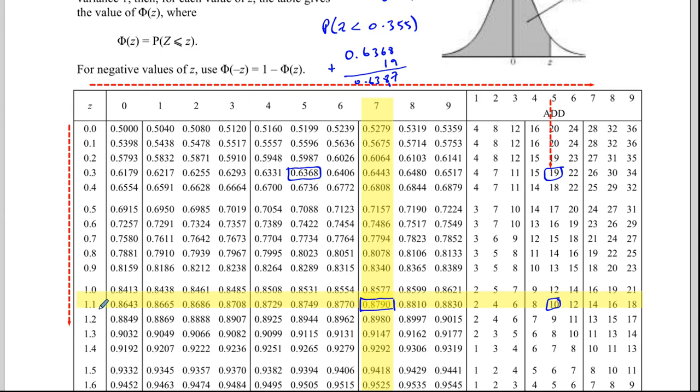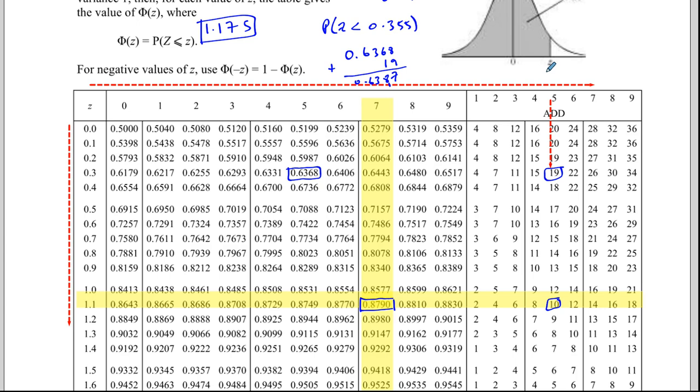So this will be 1.17, and then we have to add a 5, 1.175, because that 10 there added to it will be a 5 there. So we're looking for the Z value of 1.175.